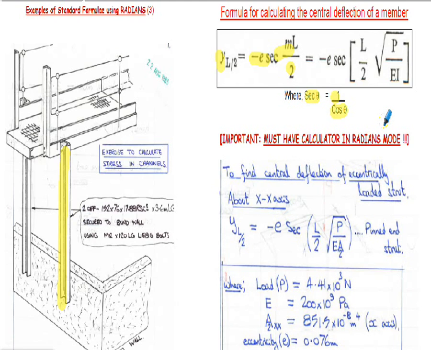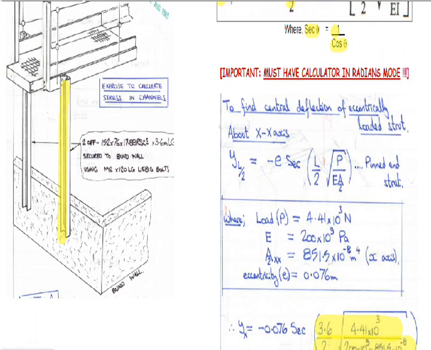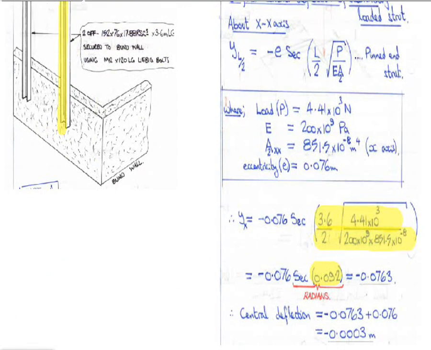And in this higher level study, more complicated formula, the radian is the angle that we should always use. So in this particular question, when I was undertaking my calculations, I had to make sure that my calculator was in radians mode because the angle we were using in the formula for the 1 upon the cosine was actually radians. I'll talk more about different modes on the calculator later on in the presentation.